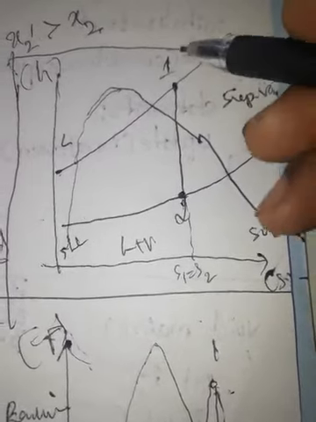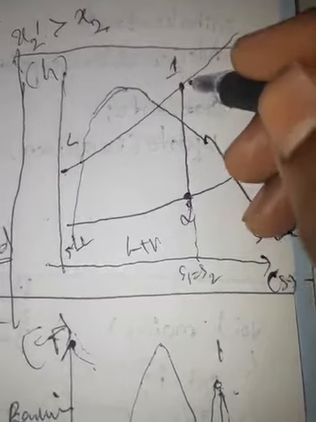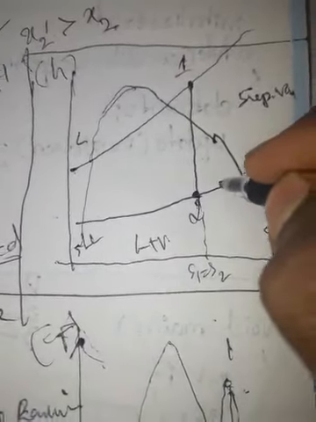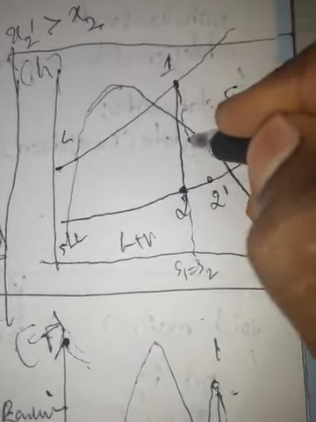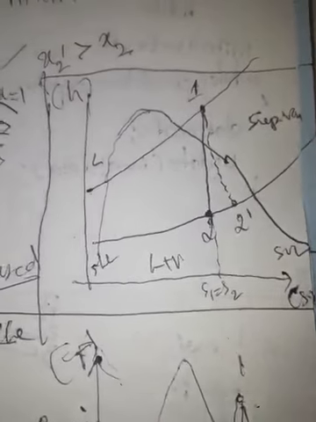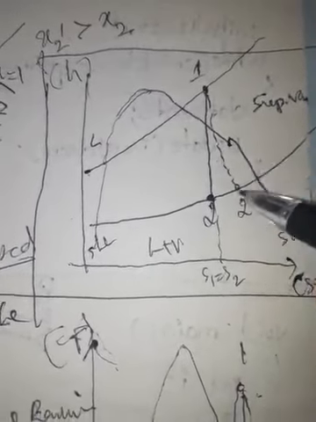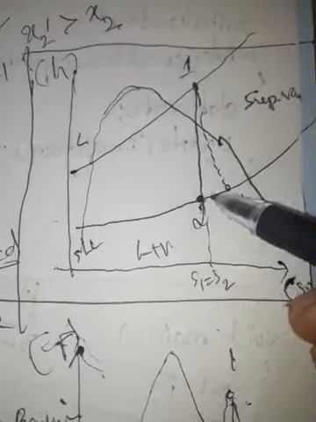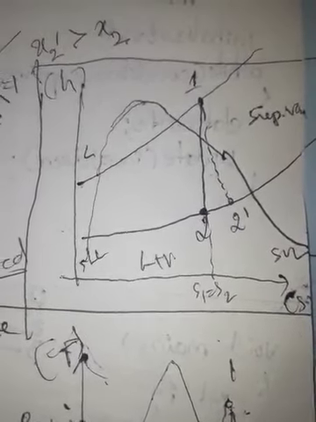Because of losses there is a deviation, that is an increase in entropy and enthalpy. The new point is H2 dash. See here, this is about the enthalpy. This 1 to 2 is the ideal process, 1 to 2 dash is the actual process inside the turbine.